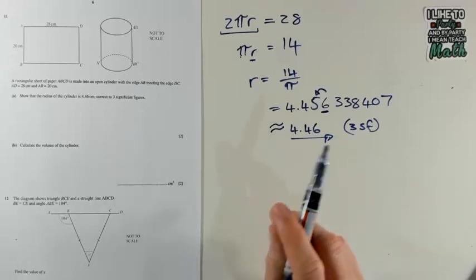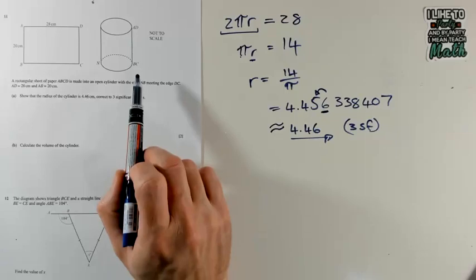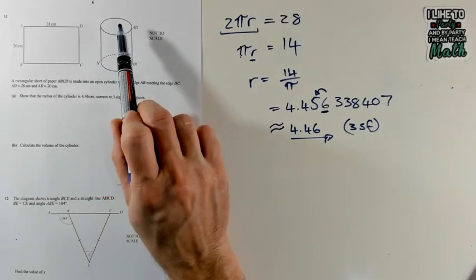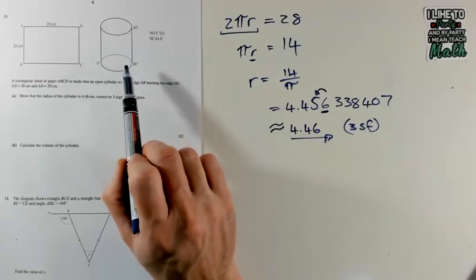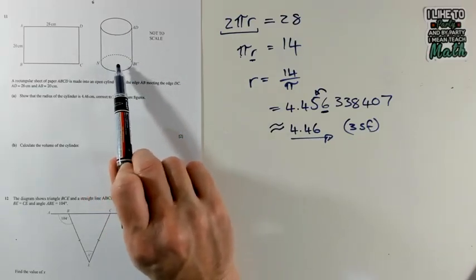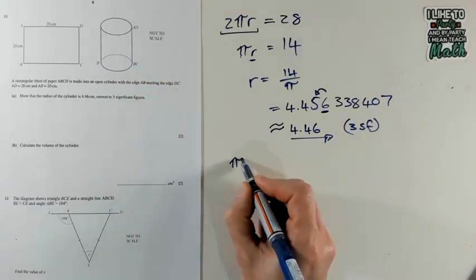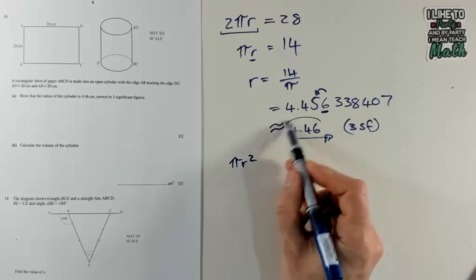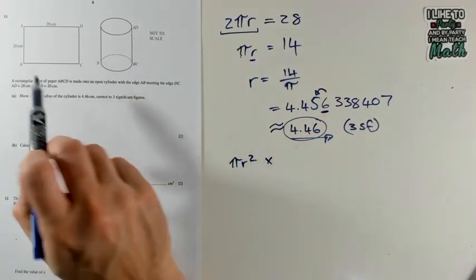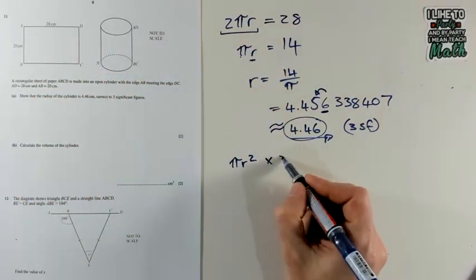Okay, so very important. Cool, so calculate the volume of the cylinder. We know the volume of the cylinder is the base area times the height. Because it's a prism, well, a special prism, a cylinder, the area at the bottom times the height. The area is pi r squared, and we just worked out the radius, and we multiply by the height, which is basically AB. The distance from A to B is 20.